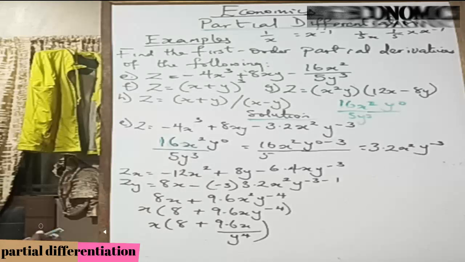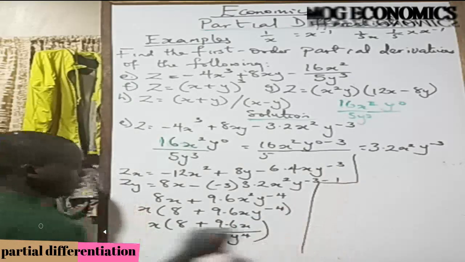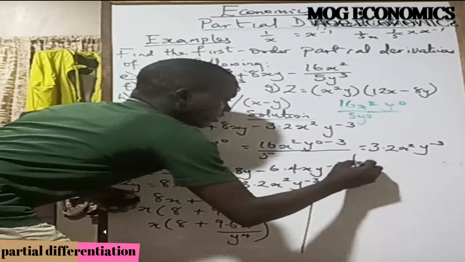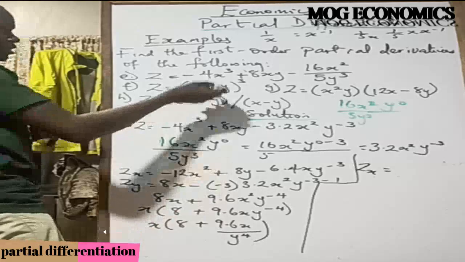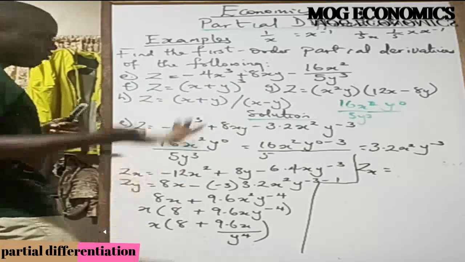X plus y raised to power 3. I don't know if this space can contain it. So it's kind of simple. zx is going to be equal to, this is just the general power function rule. So 3 comes to this side, like from your normal calculus.